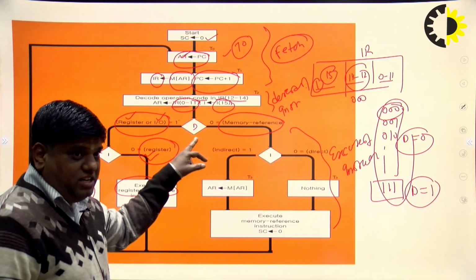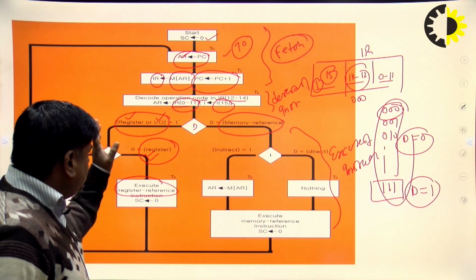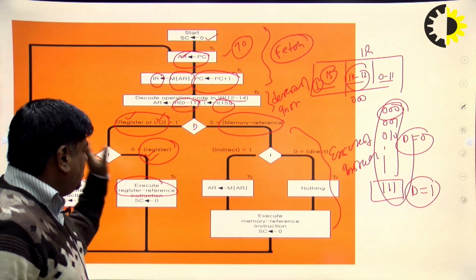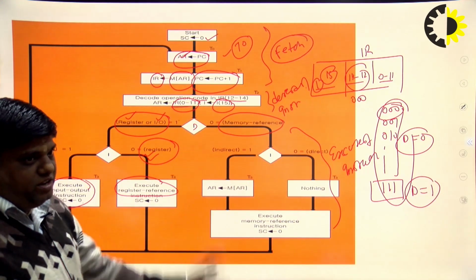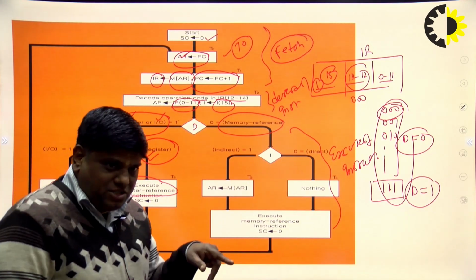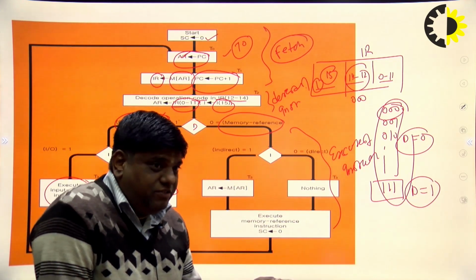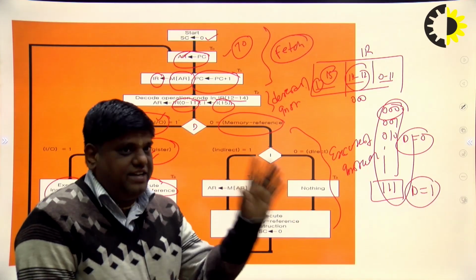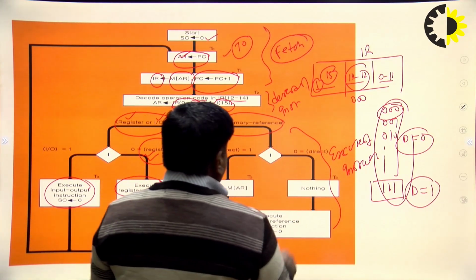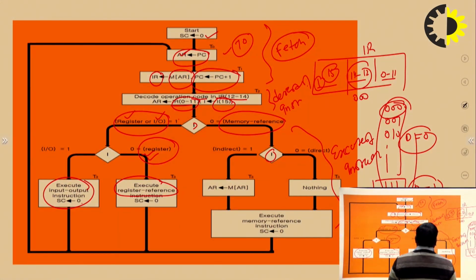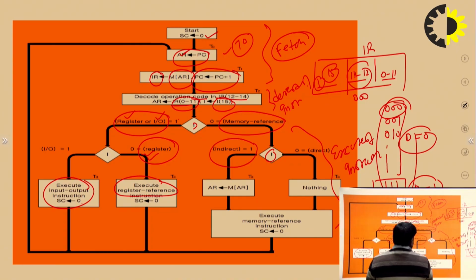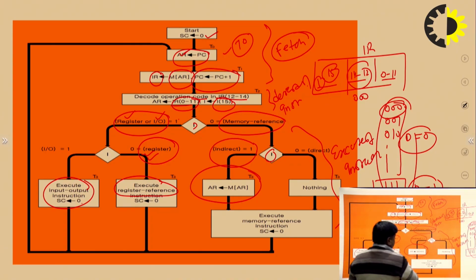What is the condition? D is equal to 1 and I is equal to 0. Now move on to the memory reference. There are 2 types of execution in the memory reference. The first one is the direct reference and the second one is the indirect reference. If D is not 1, then check I again. If I is equal to 1, then it is an indirect reference. The instruction is not executed directly when it needs some kind of address.